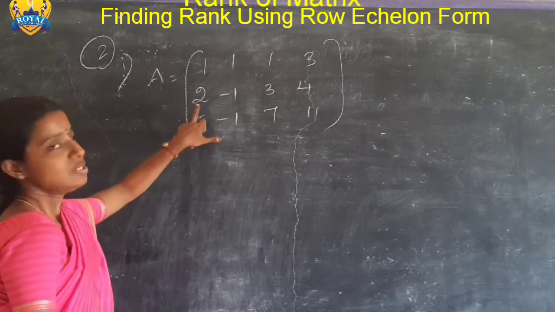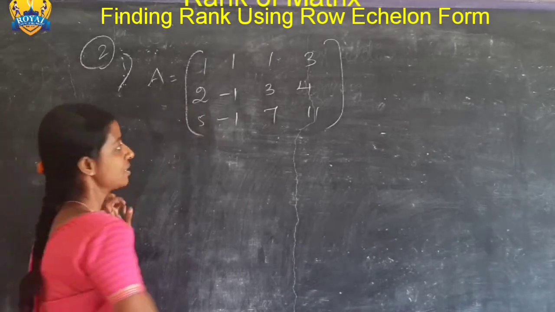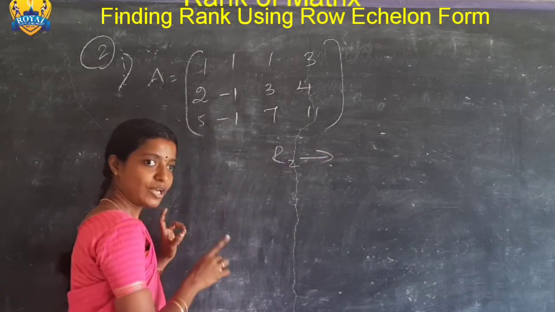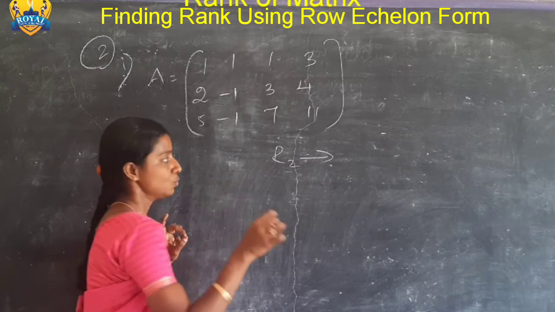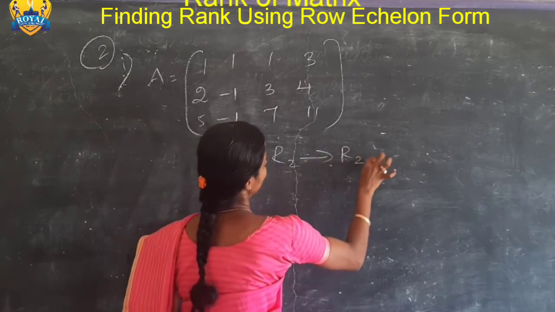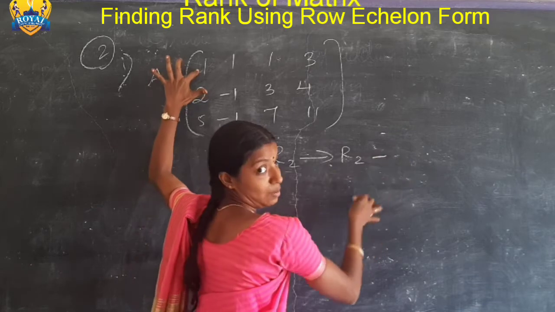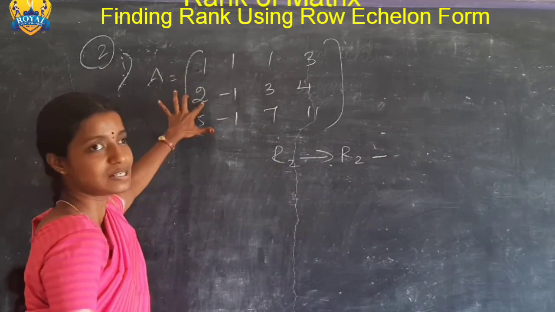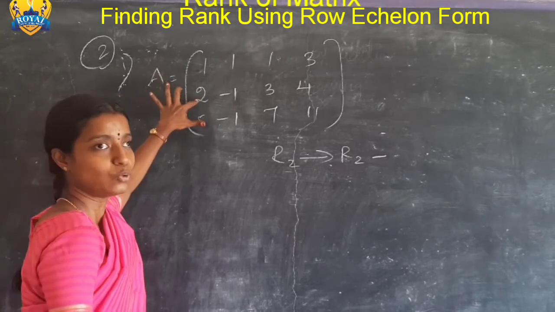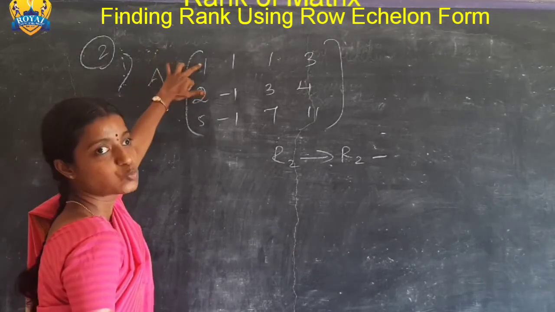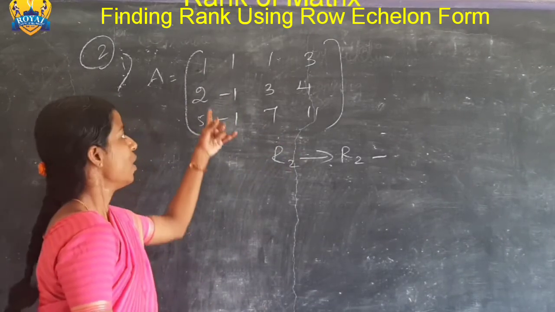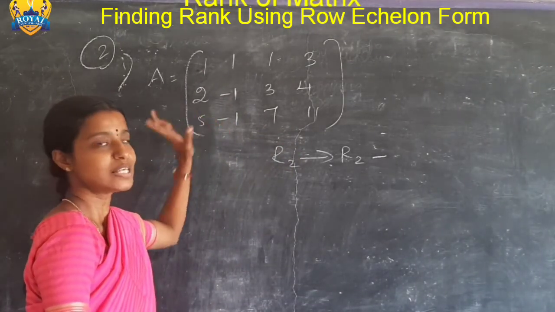How to go about it? Since I have 2 here, I am going to alter row 2. R2 minus, here I have 1. To bring this 0, I have 2 here, so let me multiply this 1 by 2, and if I subtract, I automatically get this 2 as 0.